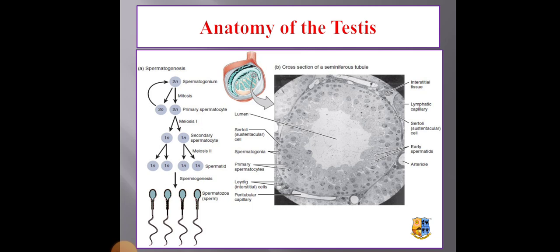Spermatogenesis. As just noted, spermatogenesis occurs in the seminiferous tubules that form the bulk of each testis. The process begins at puberty, after which time sperm are produced constantly throughout a man's life.